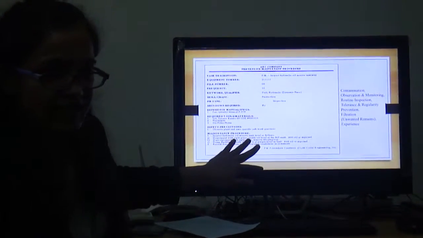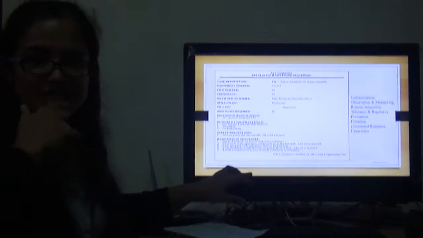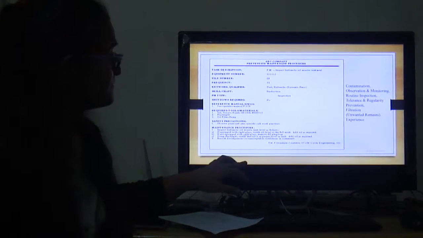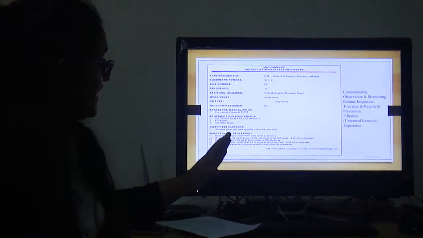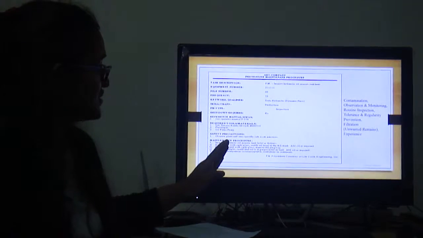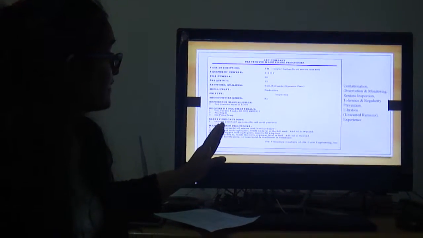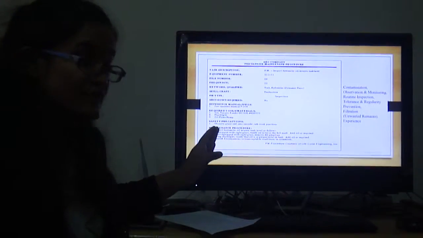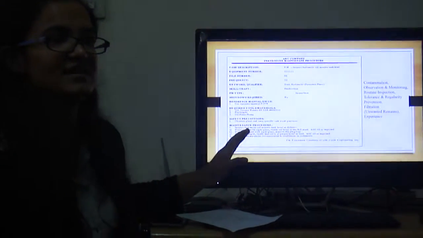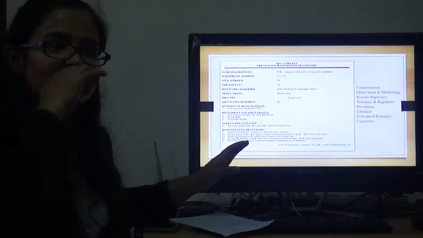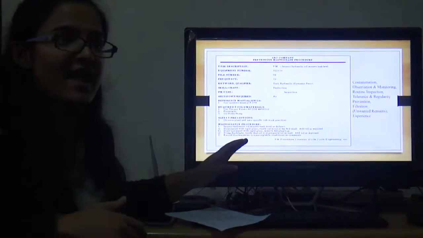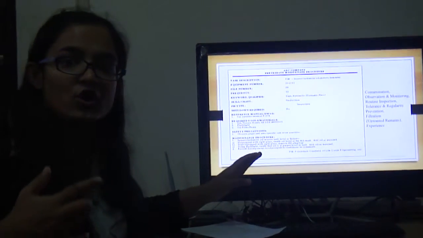Tolerance and regularity also fall under routine inspection. And obviously the main function is prevention, looking after the filtration. We don't want any unwanted remains. If there are unwanted remains, that would cause the system to be unstable, and you cannot function with the oil or air.